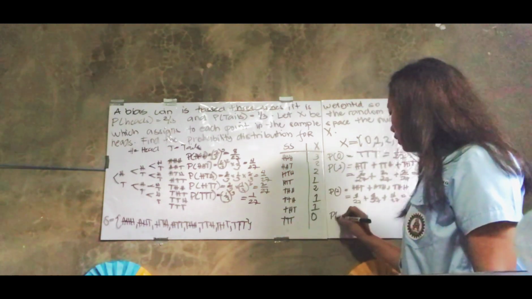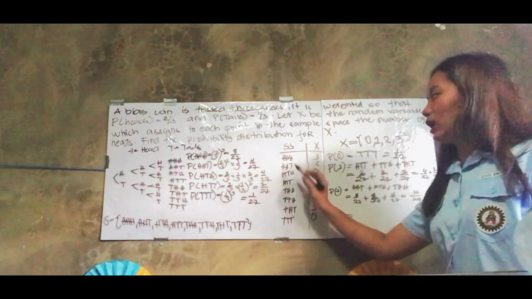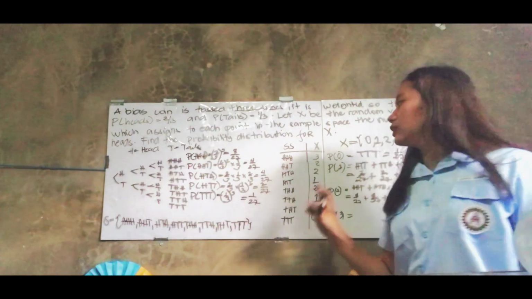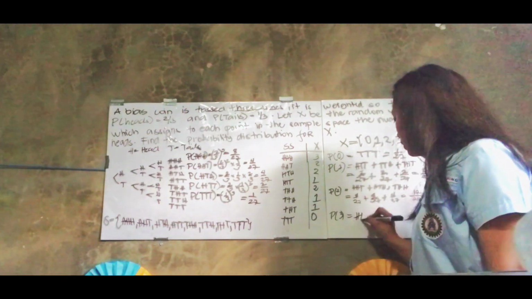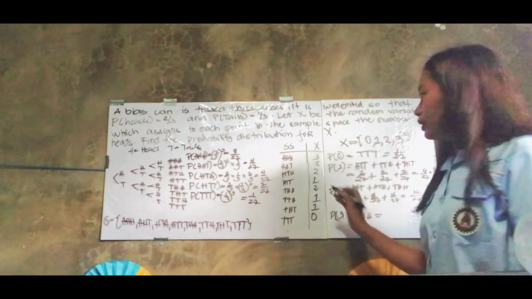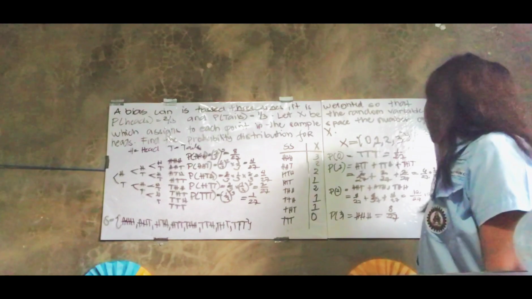Probability of 3 is equal to, we only have one here with 3 heads, HHH, which is equal to 8 over 27.